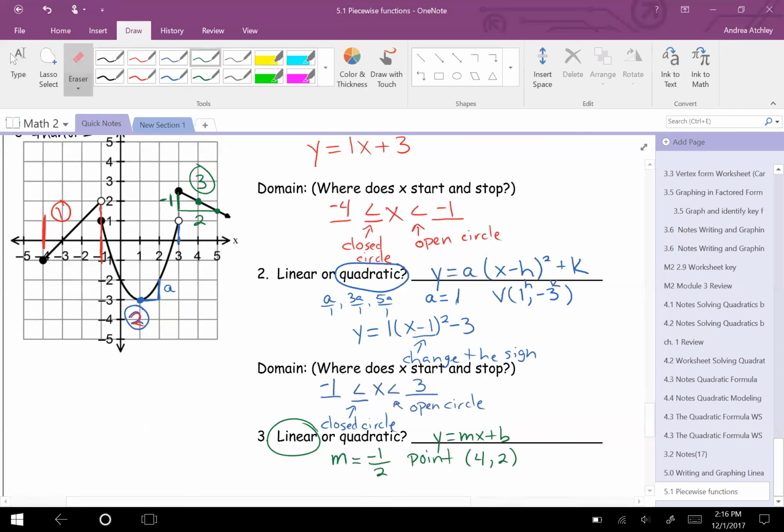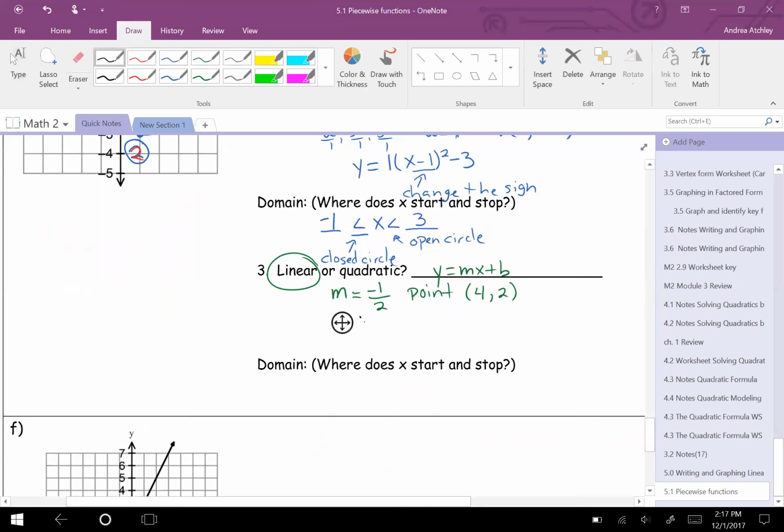Do you notice I wouldn't use this point because it has a fraction in it, or this point because it also has a fraction in it. So I need to get the one that is just whole numbers. And I'm going to plug it into y minus y1 equals m times x minus x1. So you're going to have y minus 2 equals negative 1/2 times x minus 4.